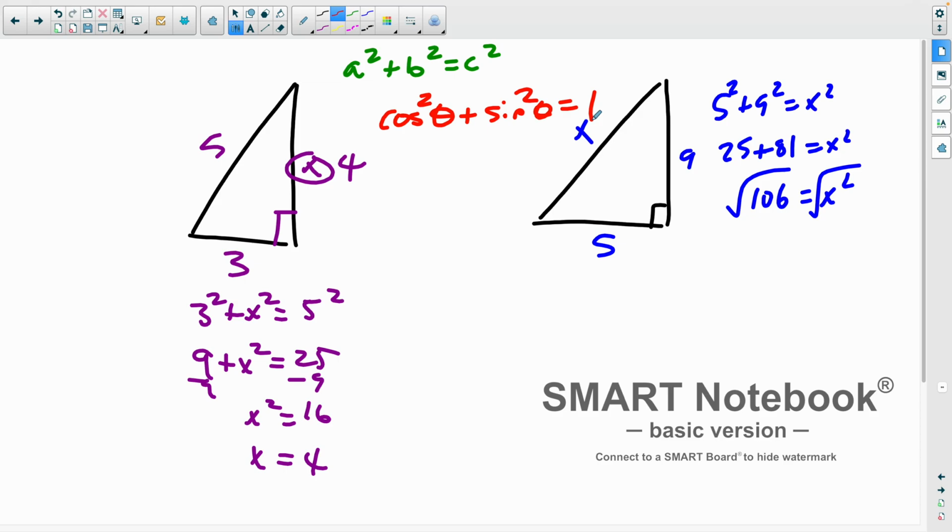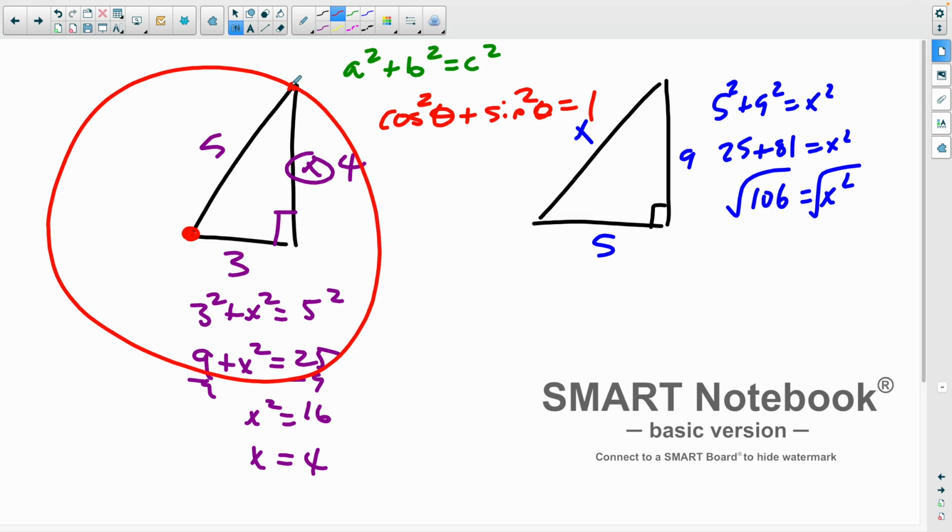Is 1 if it's a unit circle, right? And so if we were to look at this, this is like my 0, 0. This is the radius right here. I have a circle that goes like this, all right? So this 5 in this triangle is really representing the r value. It's really representing the radius.